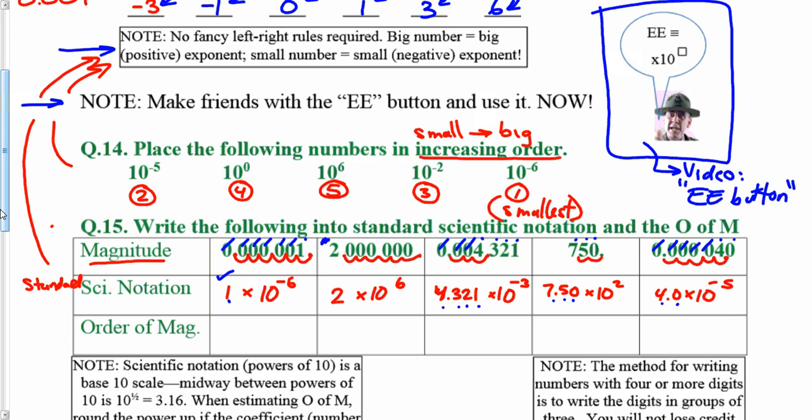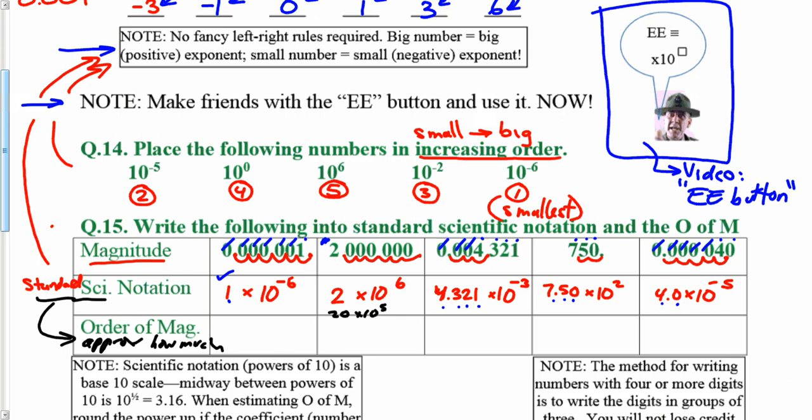Now let's get to what we're working on today, which is the order of magnitude. Order of magnitude is just approximately how much. I'm going to warn you. You want to be in standard scientific notation before you start doing order of magnitude. What do I mean by that? Well, 2 times 10 to the 6th is the same thing as 20 times 10 to the 5th.